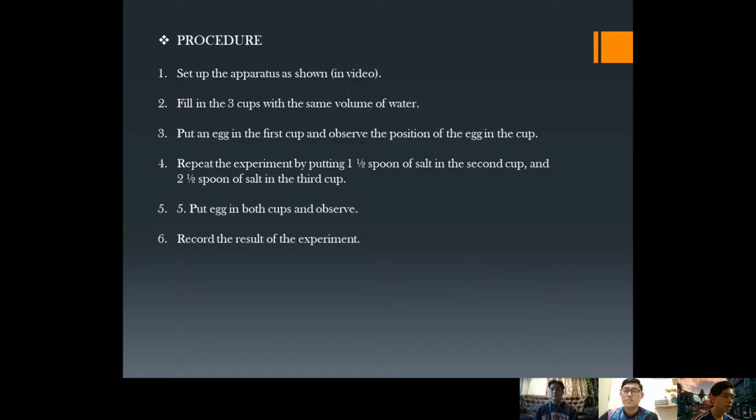Number 4, repeat the experiment by putting 1.5 spoons of salt in the second cup and 2.5 spoons of salt in the third cup. Number 5, put the egg in both cups and observe. Number 6, record the result of the experiment.